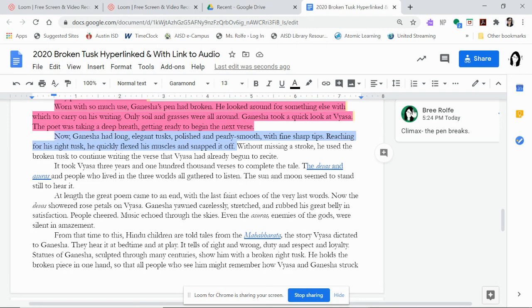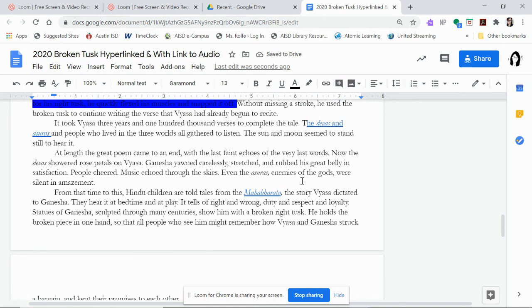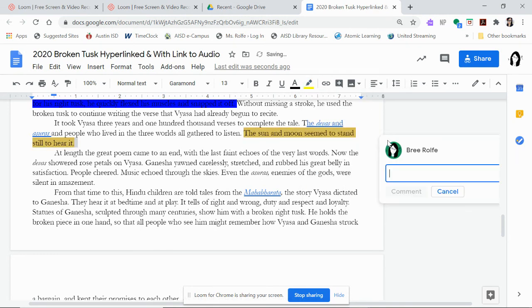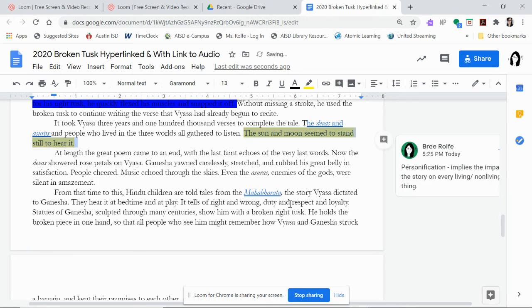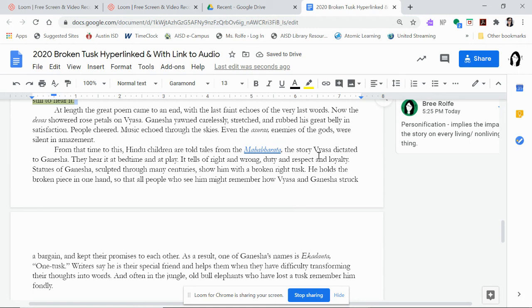And this is imagery. And then right here you have some figurative language. It's a personification. There we go. This is sound imagery.